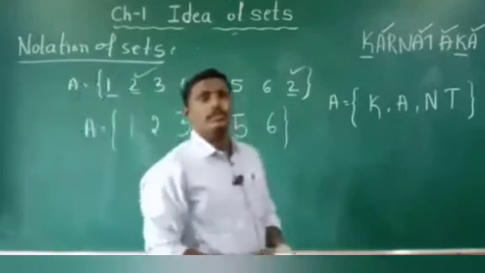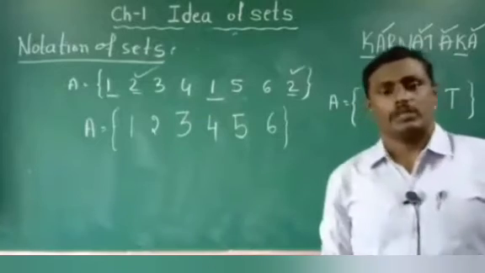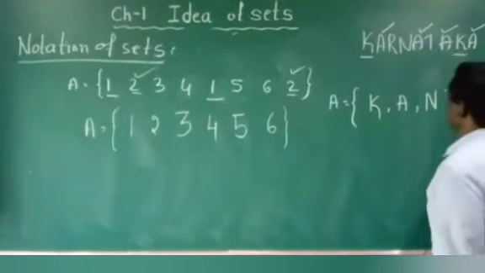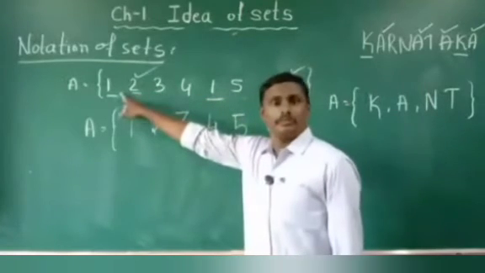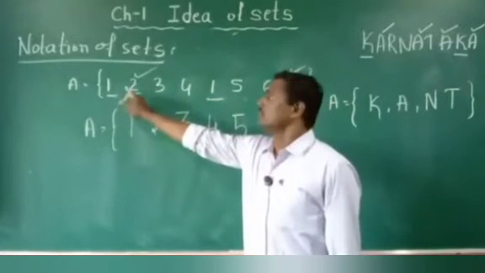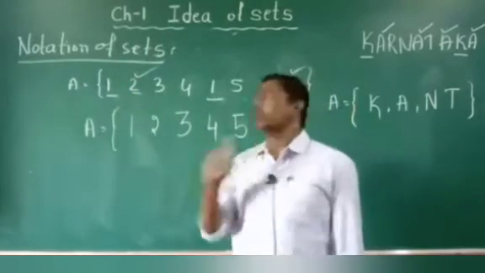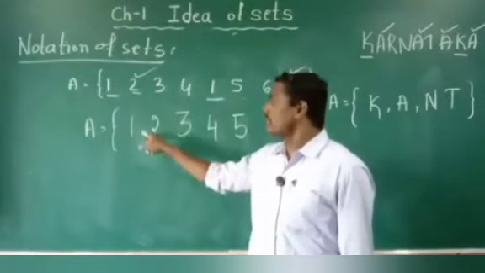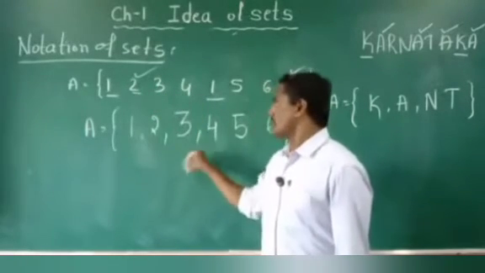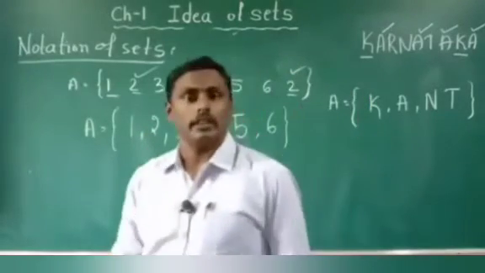Okay, so these are the basic concepts related to sets. And one more thing, I already told you, when you write a particular set, give space between two continuous elements, or insert commas between continuous elements.